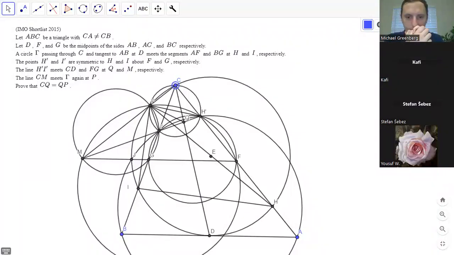He was right. Most of them are actually just by the Miquel point. Now we can target the points B, A, I, H, right?